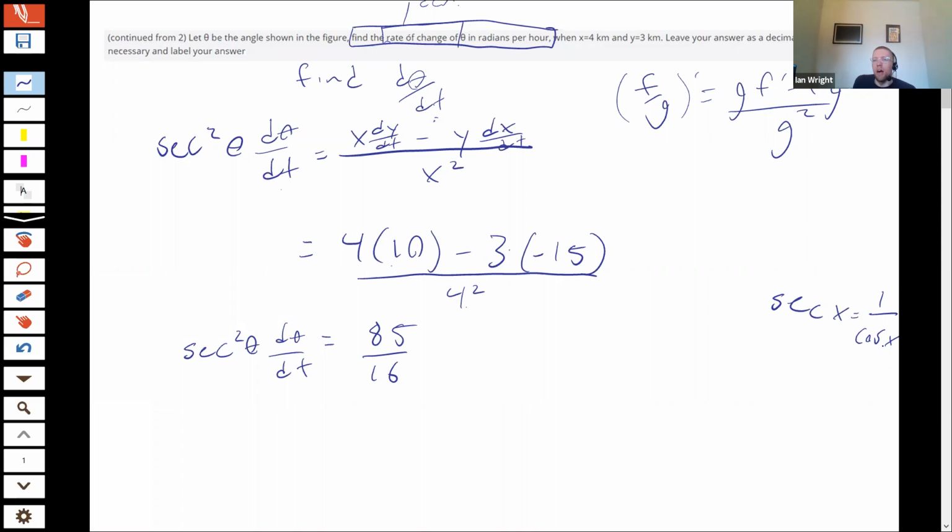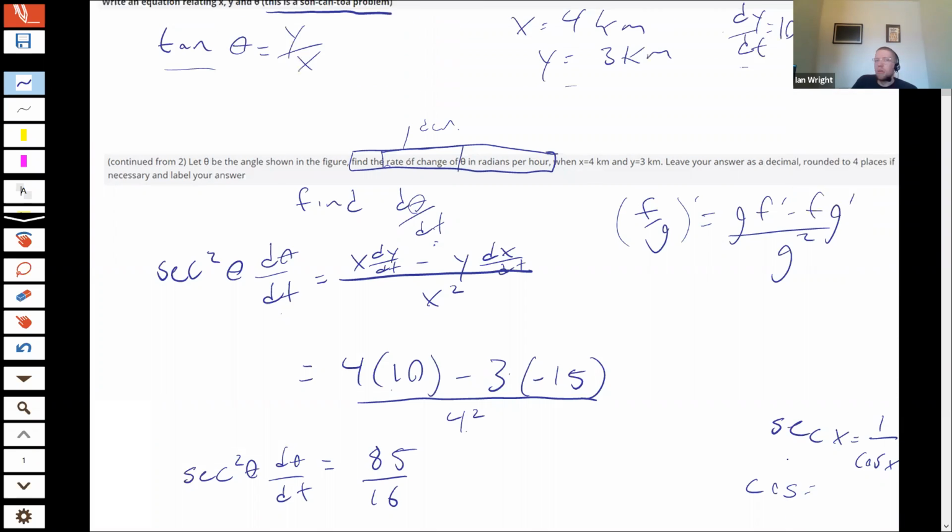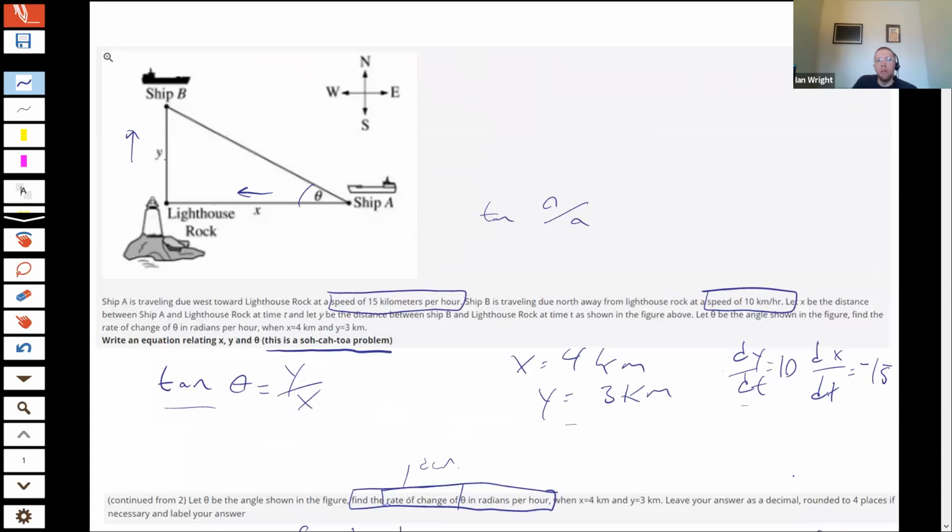Do we know what cosine is? So cosine of an angle, SOHCAHTOA is what? What over what? How do you find the cosine of an angle?